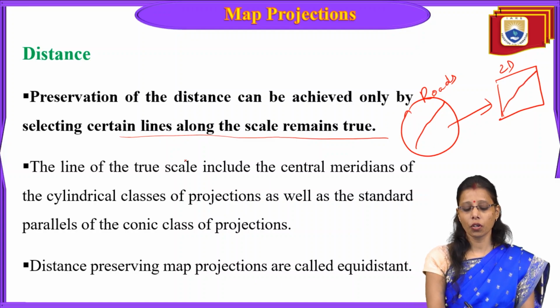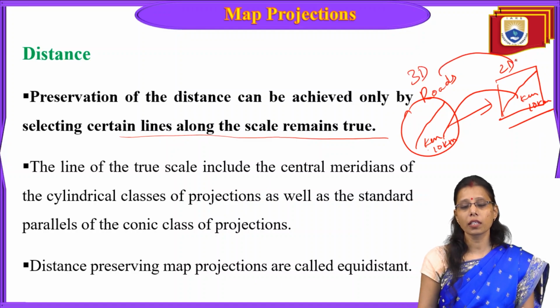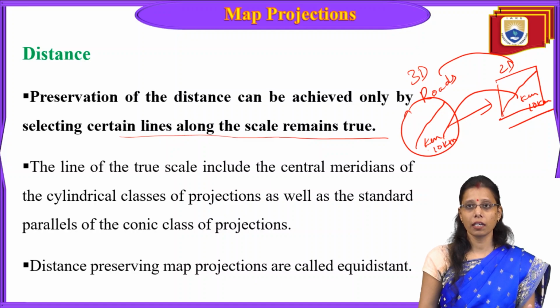There should not be any property lost. Exactly how many kilometers it is here, the same should be transferred here. For example, if it is 10 kilometers, exactly 10 kilometers should be transferred from 3D to 2D. Right. This is what "certain lines along which the scale remains true" means.